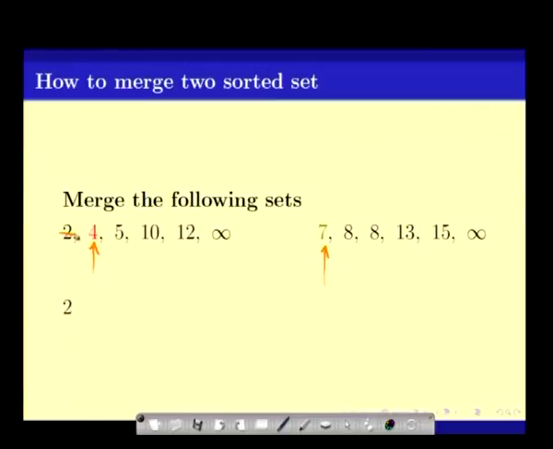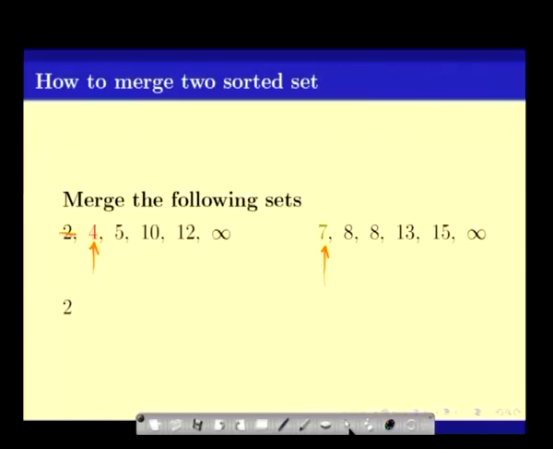We have already taken care of it by taking the 2 down, and it almost recursively comes down to merging two sets, in this case 4, 5, 10 and 12, and the set 7, 8, 8, 13 and 15. Both of these sets are again sorted, and we compare this 4 and 7.